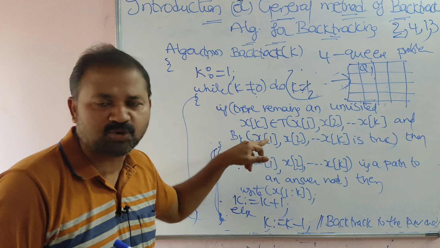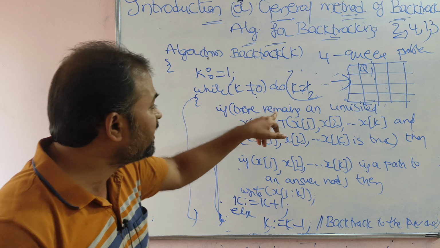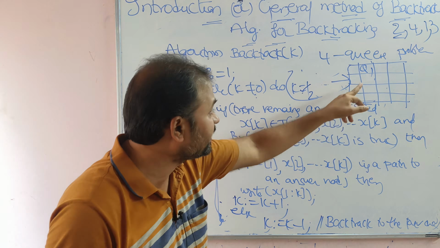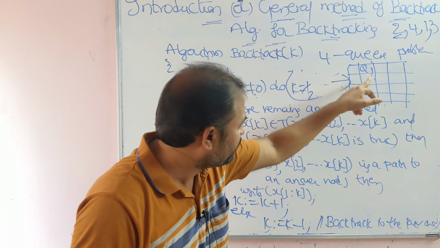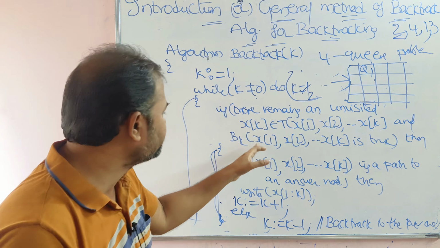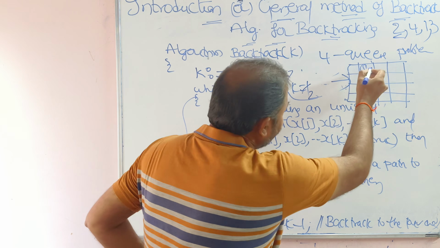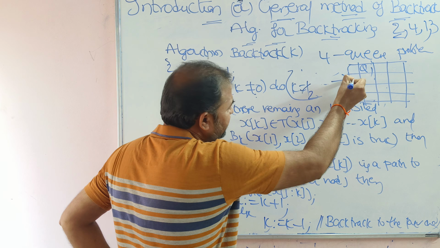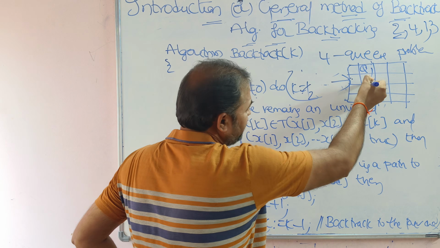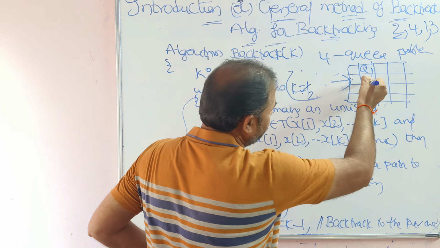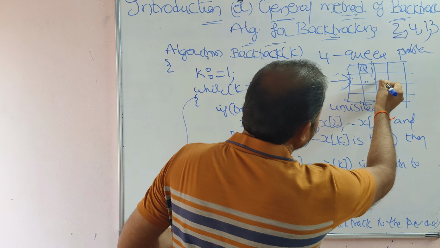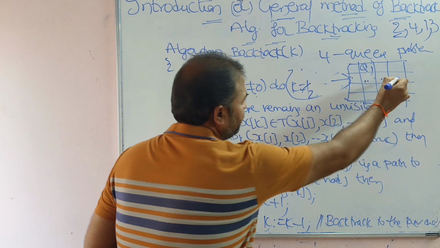Once again these 2 conditions will be verified: whether there remains an unvisited entry, all are unvisited, as well as whether the bounding function is satisfied. If we place here, it is the same diagonal. We can't place here because of the same column, and we can't place here because of the same diagonal. Okay, we can place here.